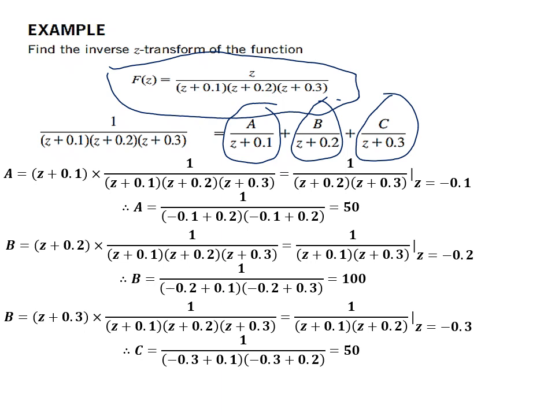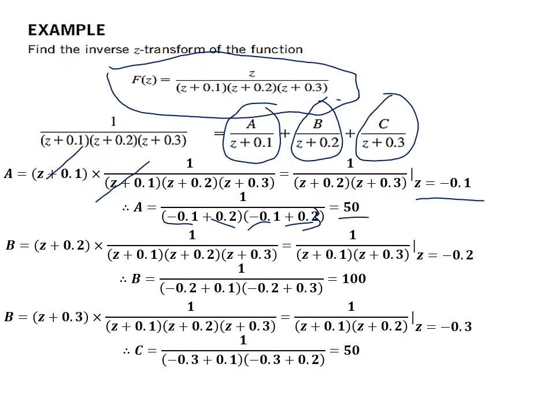To obtain a, we multiply the fraction by z plus 0.1, and we cancel z plus 0.1 in the numerator with z plus 0.1 in the denominator. Then we substitute z equals negative 0.1. We have 1 divided by negative 0.1 plus 0.2 times negative 0.1 plus 0.3. We get a equals 50.